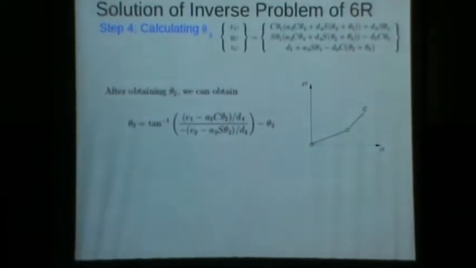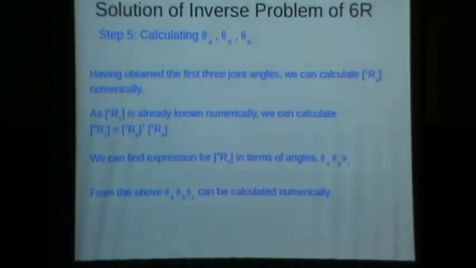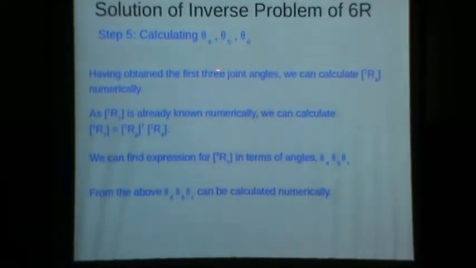We have now found expressions for theta 1, theta 2 and theta 3. There are theta 4, theta 5 and theta 6. I am just giving you an overall scheme for calculating this. I have given the algorithm here, but this is the approach. So theta 4, theta 5 and theta 6, okay, are obtained as follows.